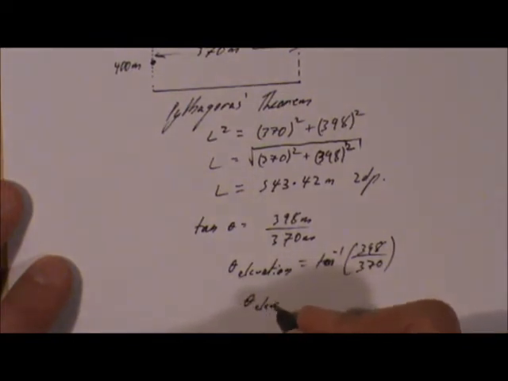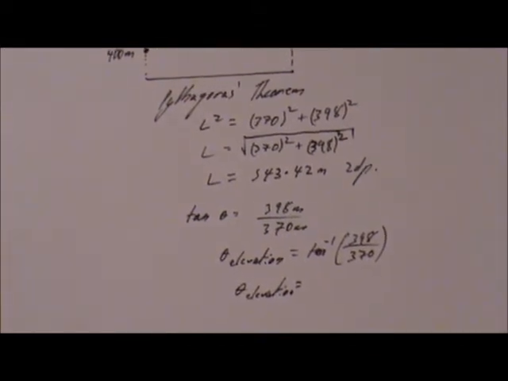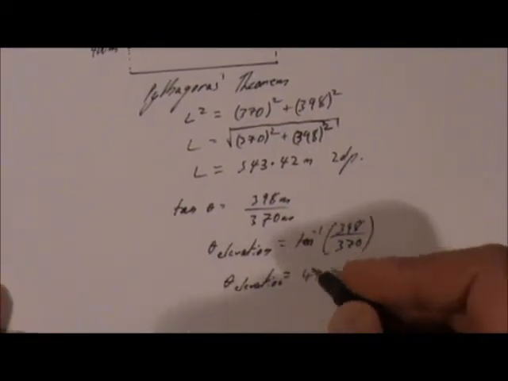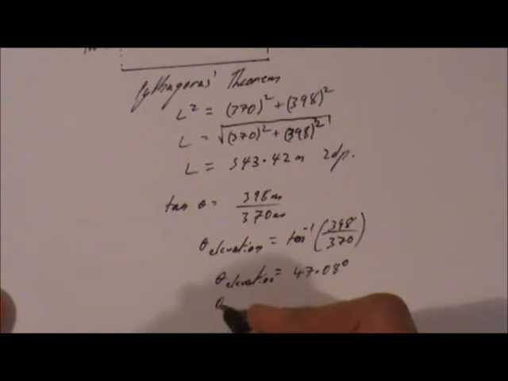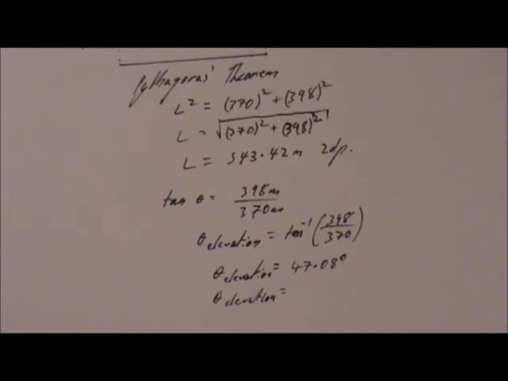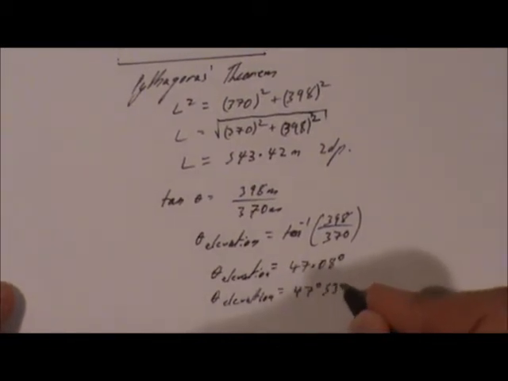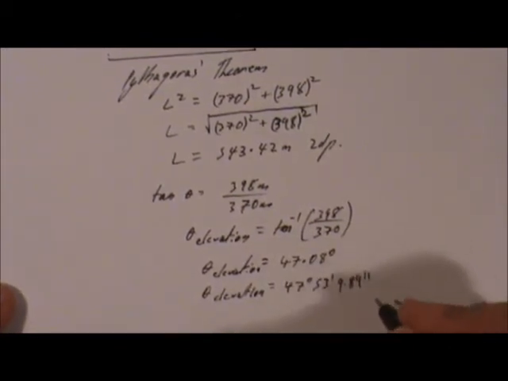So theta elevation is equal to an angle of 47.08 degrees, or more accurately, the angle of elevation expressed in degrees, minutes, seconds is equal to 47 degrees 53 minutes and 9.89 seconds.